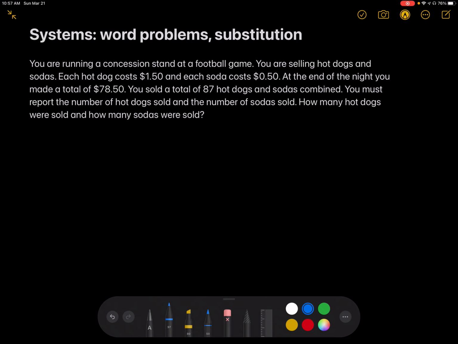So, since that's what you're finding, your first step is to identify your variables, and I'm going to do that off to the side over here. We've got X and Y, and it doesn't necessarily have to be X and Y. That's just what I like to use because they're most simple. But I'm going to say that X is the same as the number of hot dogs sold.